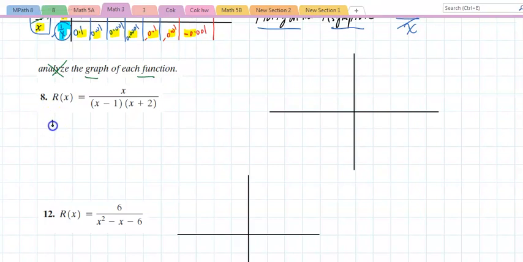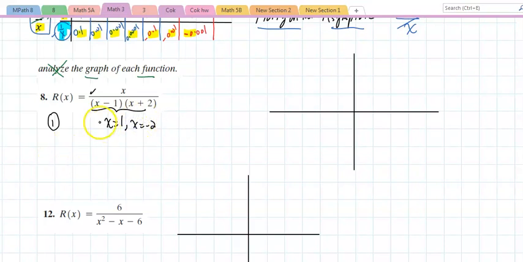So 4 things we need. 1 is the domain. What's the domain of this problem? All of these are going to be polynomials divided by a polynomial. Domain is actually the denominator not equaling 0. Where does the denominator equal 0? When x equals 1, I can't have that, and x equals negative 2.